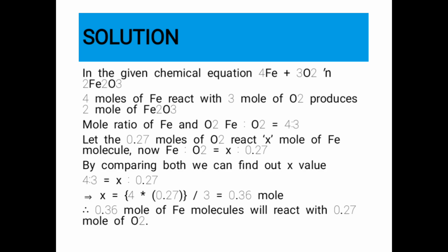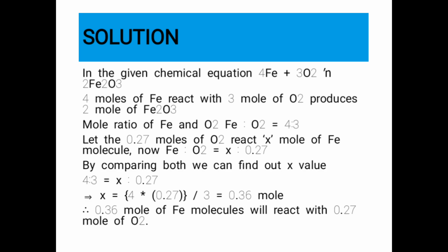So we can now say let 0.27 moles of O2 react with X mole of iron. So Fe ratio O2 will now be X ratio 0.27. So if you want to now compare, we can say 4:3 is equal to X ratio 0.27. If you cross multiply, your X will now be equal to 4 times 0.27 over 3.